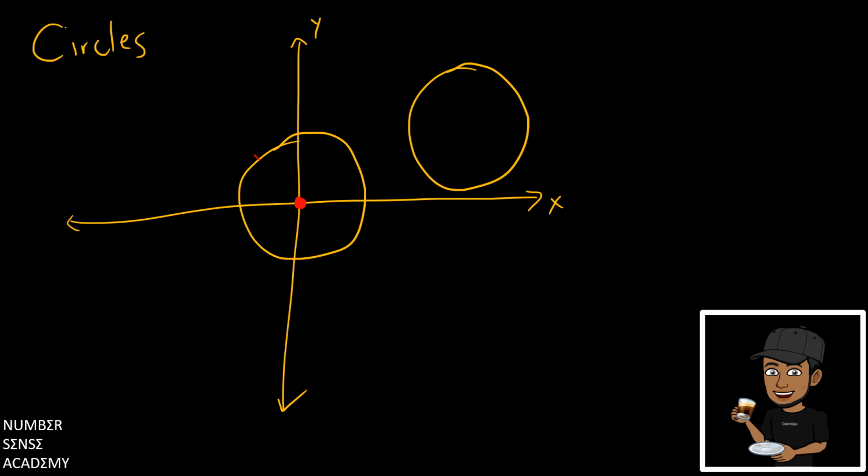Now imagine that I took this circle and I translated it, or moved it over somehow. I got it over here. It would also have a center, and what would have changed is the location of its center. We went from here to here in some direction of x and some direction of y.